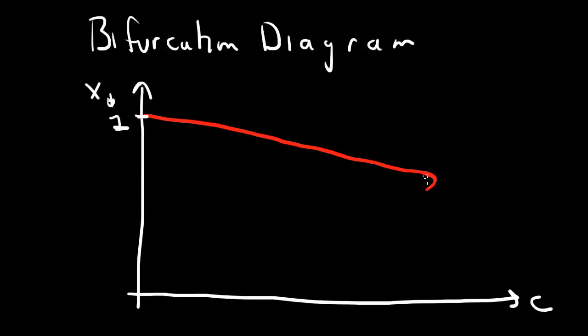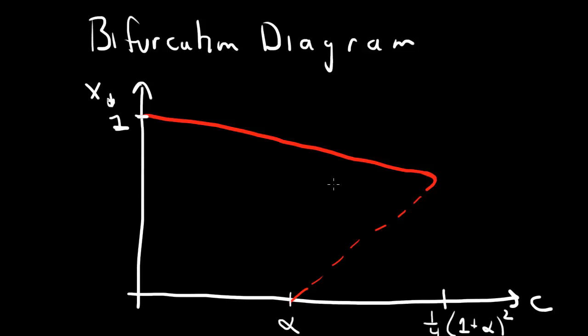So we expect this upper branch to be stable, this lower branch to be unstable, and it hits x equals 0 at exactly the value of alpha. Okay? This value where the saddle node bifurcation occurs is 1/4 (1 plus alpha) squared.